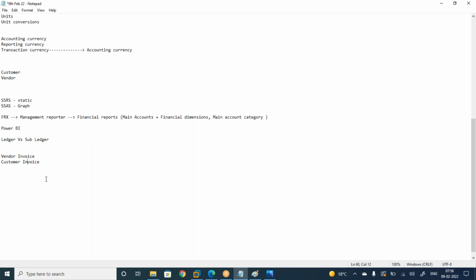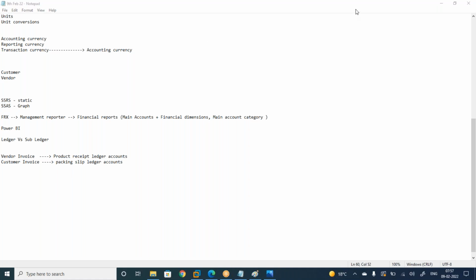Now you need to extend your knowledge regarding product receipt ledger accounts postings, and then customer invoice postings, and then packing slip ledger accounts postings. Tomorrow we'll discuss the extension of this.